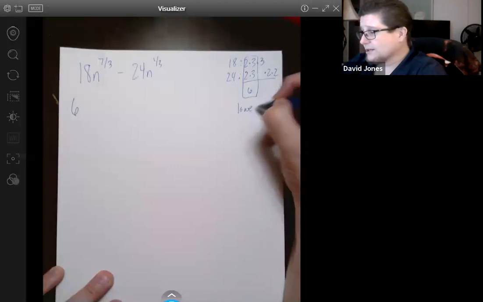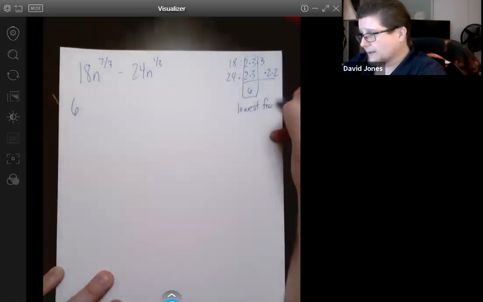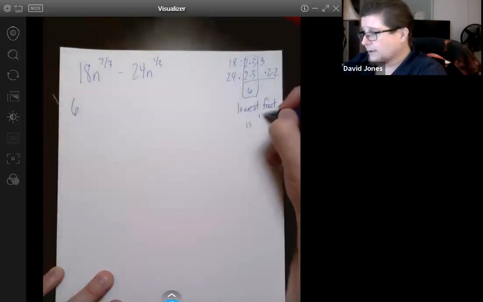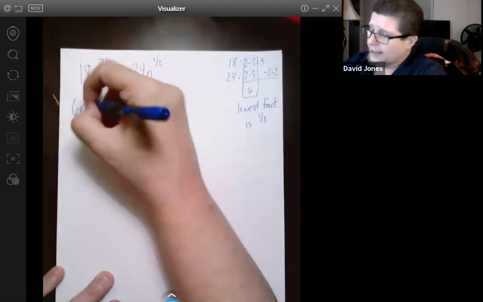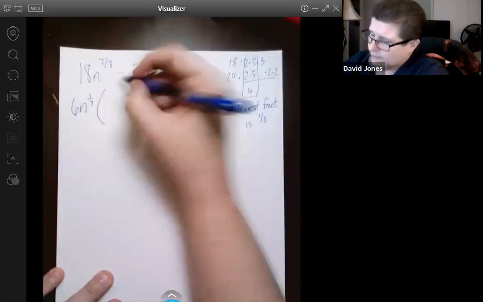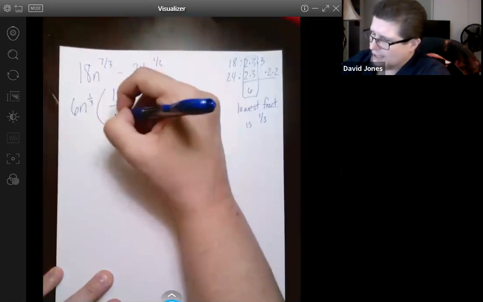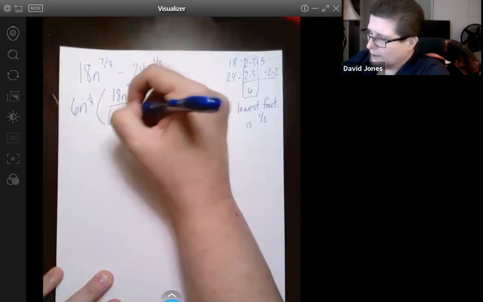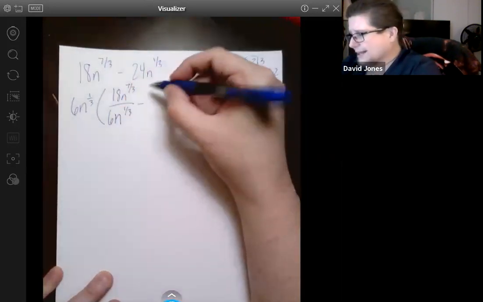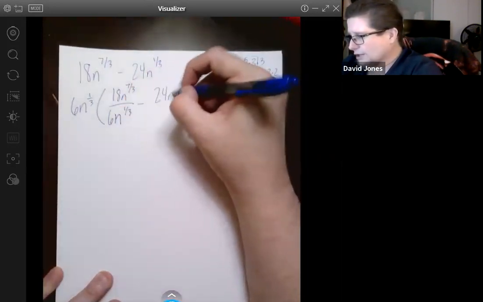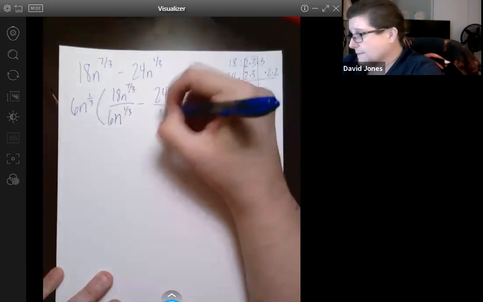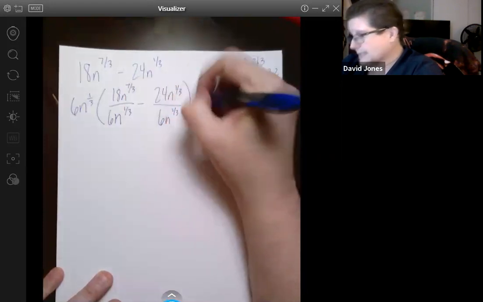The lowest fraction is 1/3. So I'll pull out an n to the 1/3. And do the same thing I did before. I'm not just going to try to Jedi mind trick it and figure out what it is, trying to think that I'm clever. I'm going to actually show the operation, because that's a lot easier.